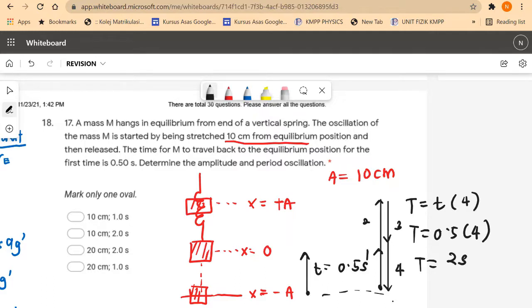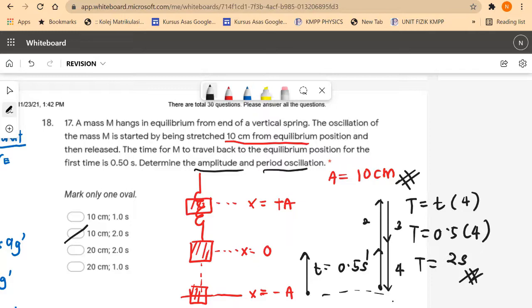So amplitude is 10 cm and period is 2 seconds. So the answer for number 17 is B, 10 cm, 2 seconds.